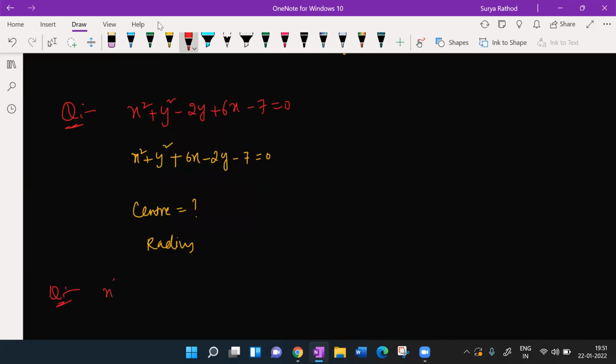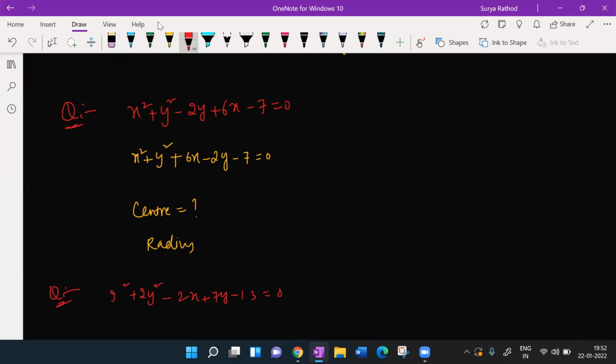Let's say that you have an equation like 2x square plus 2y square minus 2x plus 7y minus 13 is equal to 0. So find out the center and radius of these two.